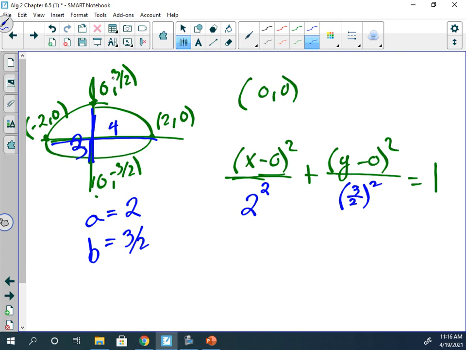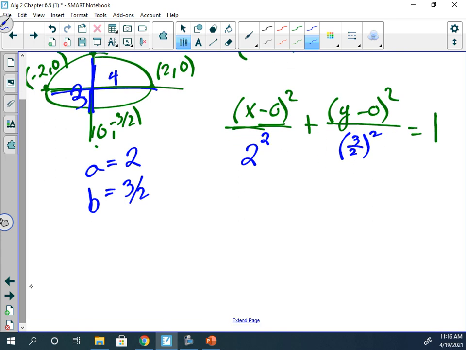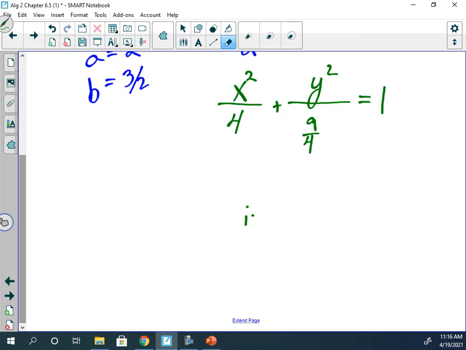Now we just need to simplify. x minus 0 is just x, so we have x squared over 4 plus y squared over 9/4. Now the 9/4 luckily will flip and multiply.